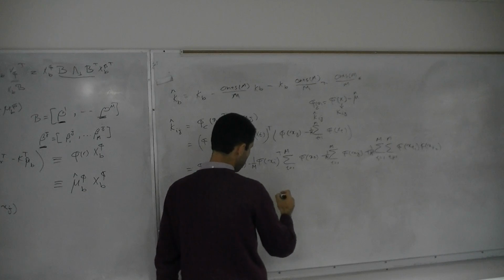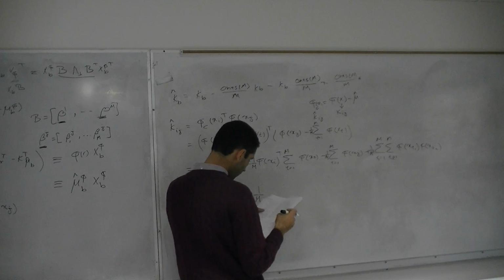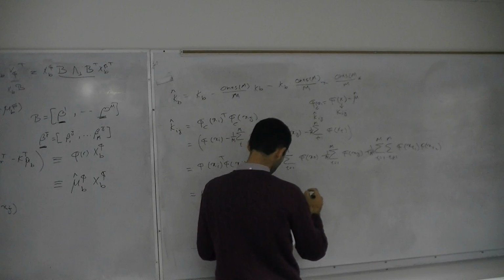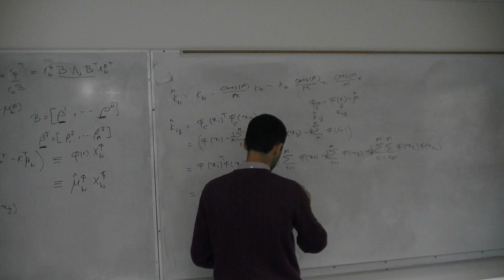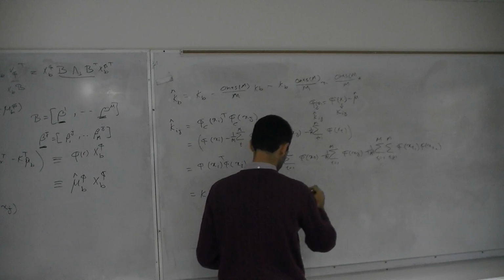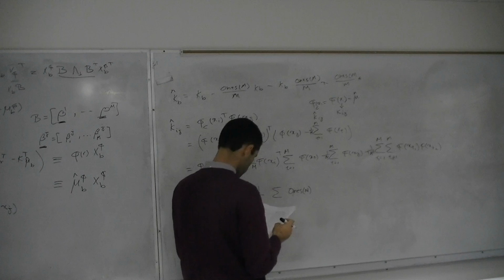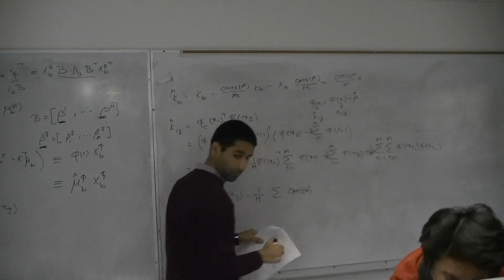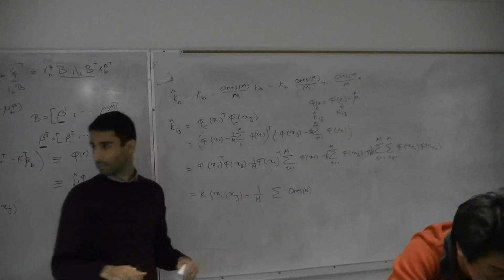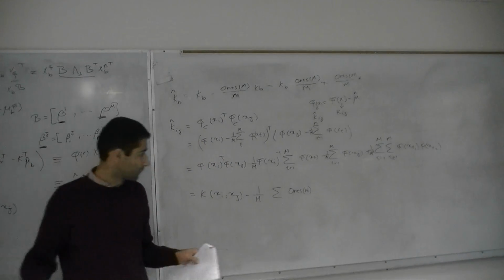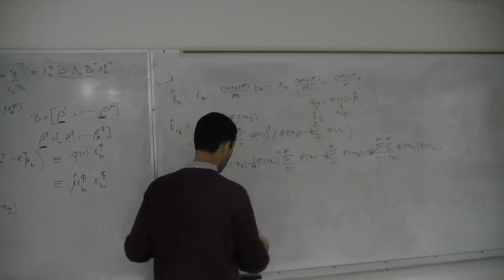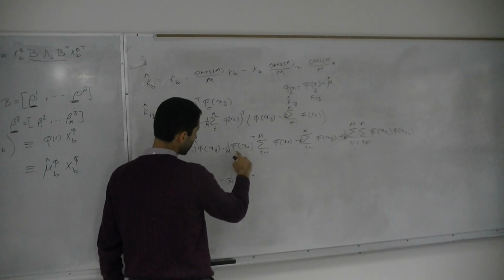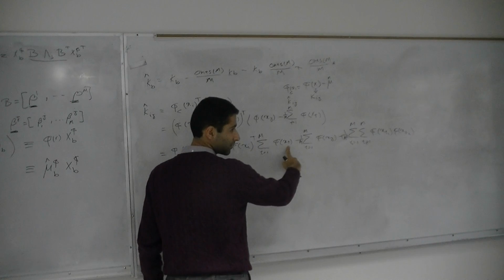It can be, for example, sigma of 1 and the kernel value between xi and xt.